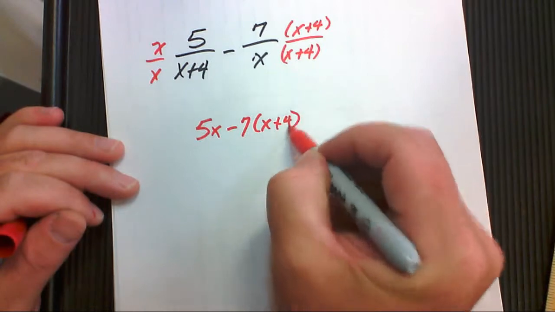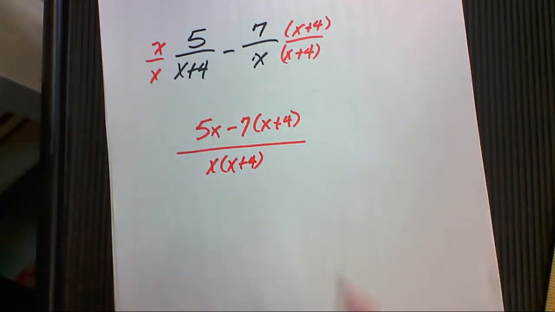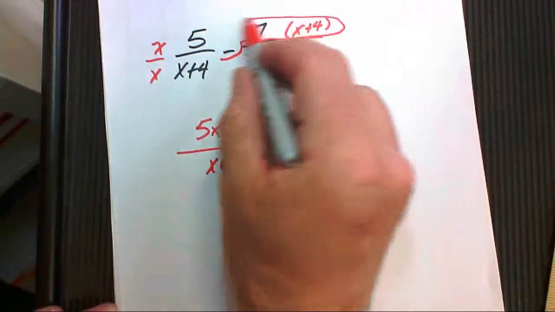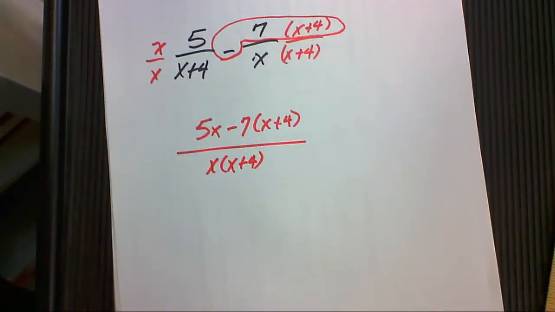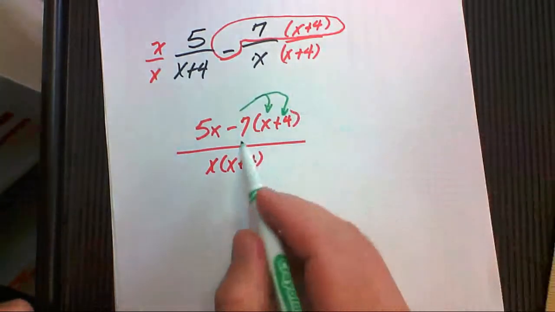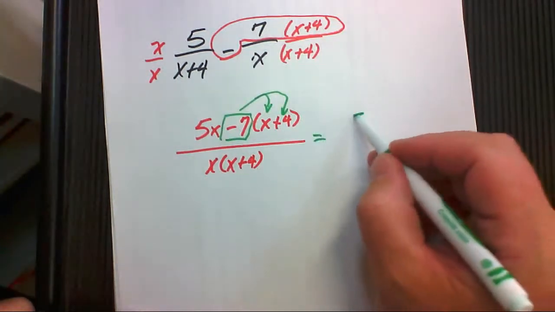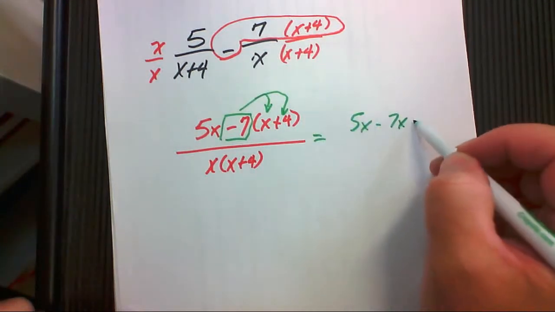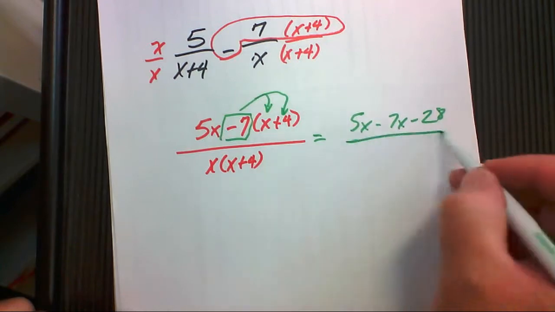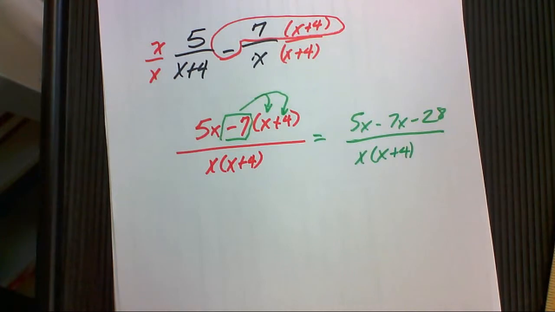I'm going to go ahead and write this step right here. Okay, so this is what I'm writing. So when you distribute a negative 7, and that's why I wrote it this way, I want to make sure everybody sees we're multiplying by negative 7. What we're going to get is 5x minus 7x minus 28 over x times x plus 4.